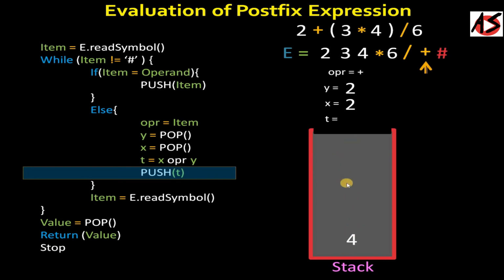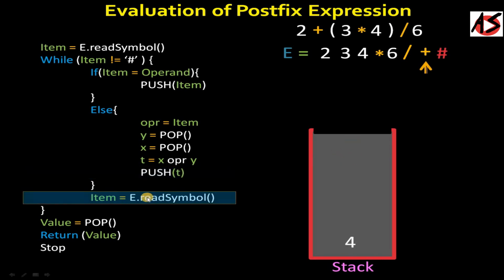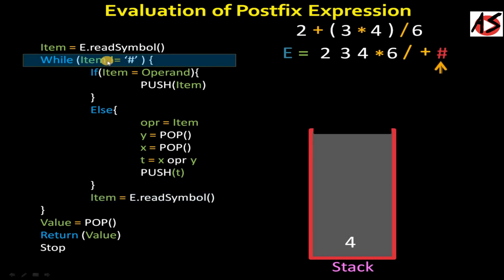Now we are going ahead, and here we will read the next symbol. So you can see here next symbol is hash. So here we will check item not equal to hash. Here we have item hash. So not equal to hash is false.